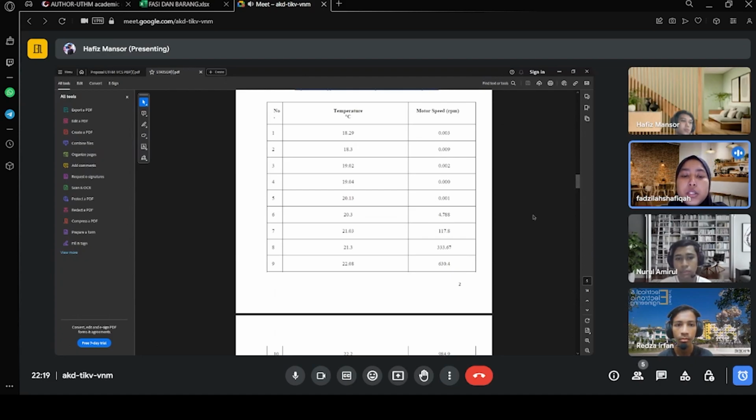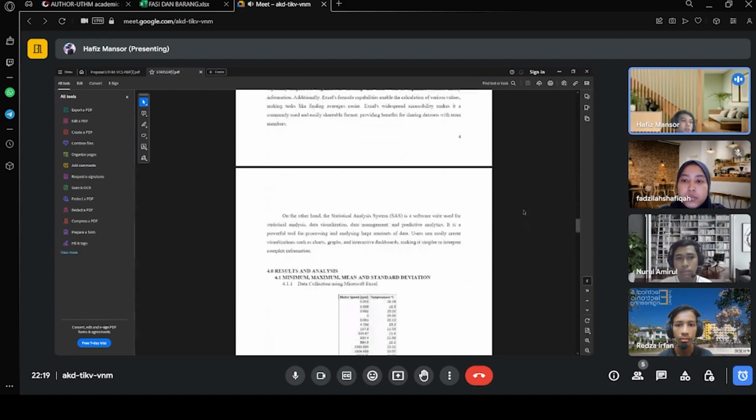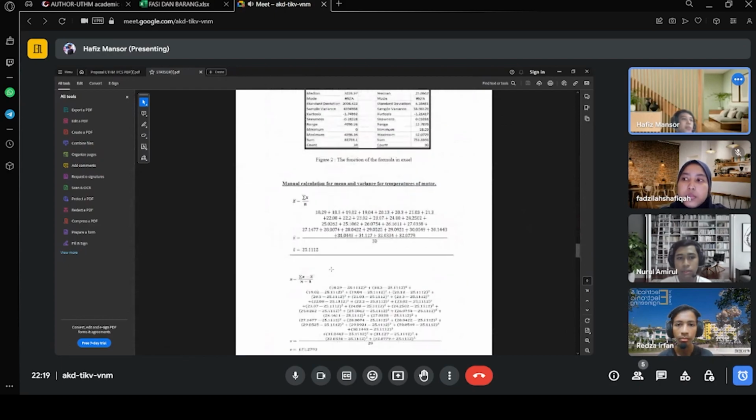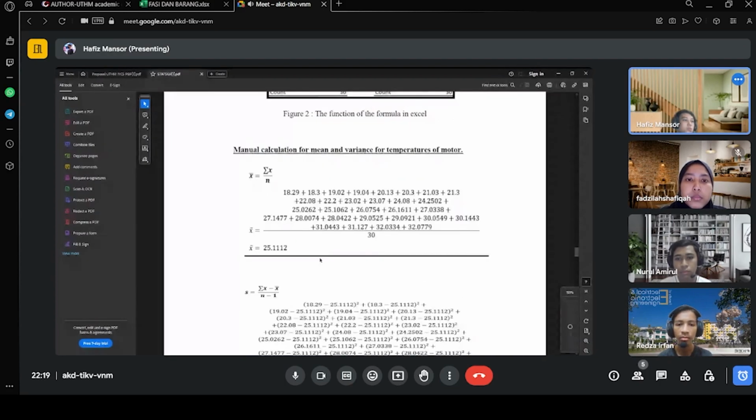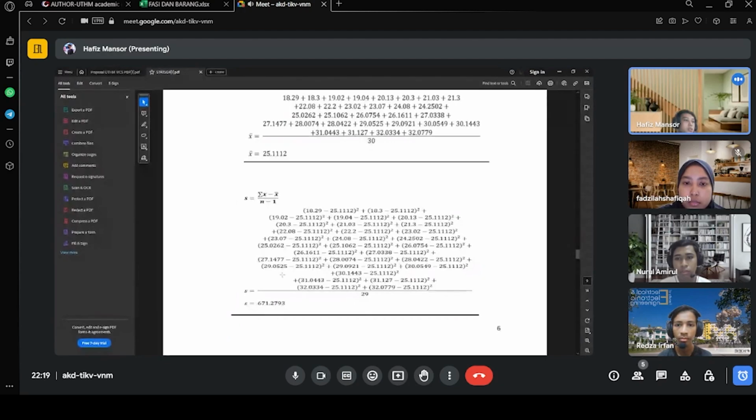Next, for the manual calculation, I will show the manual calculation. This is the total sum for the mean and variance of the temperature of the motor. The final answer we get for X bar is 25.1112, and for standard deviation, the total sum we get is 671.2793.